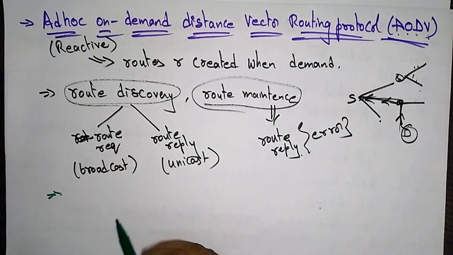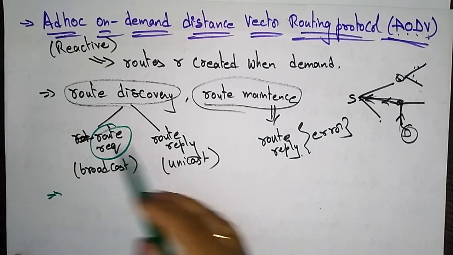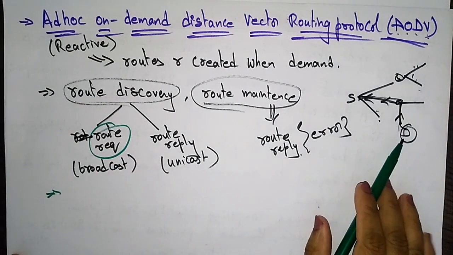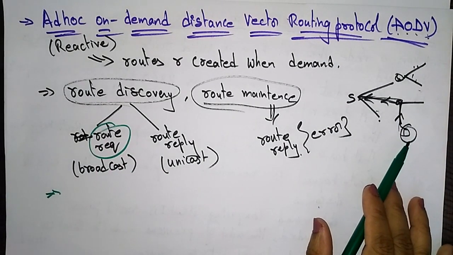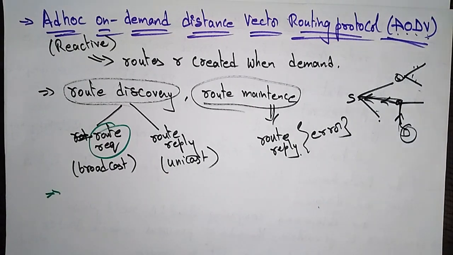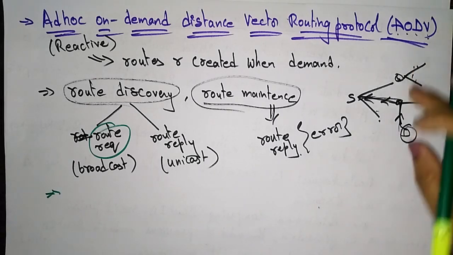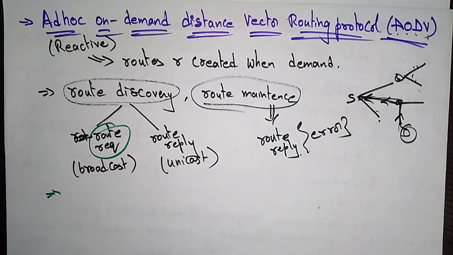The first step is that the source has to request. It has to check the destination path, at which place the destination is. So first it sends the route request packet to all the neighboring nodes. In what way does it send the information?